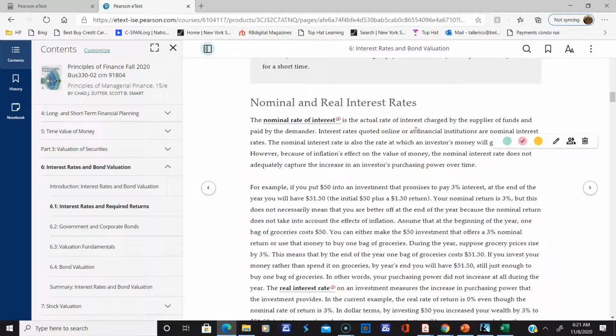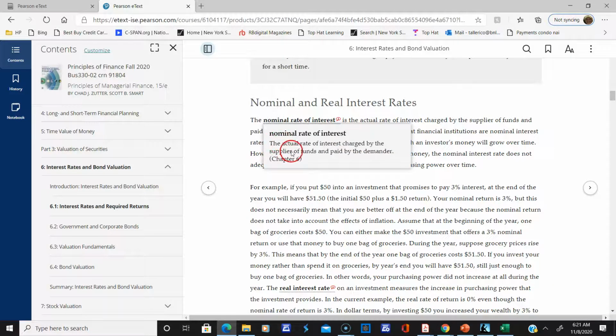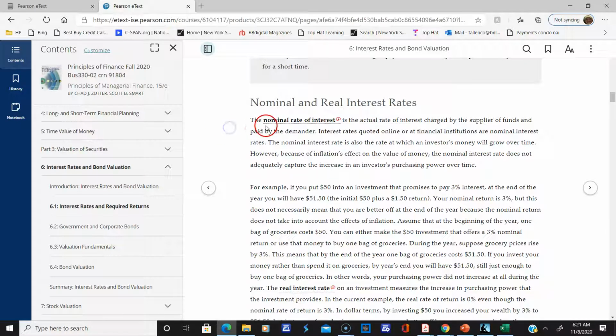All right, so let's talk a little bit about nominal and real interest rates. And let's get the definition of the nominal rate of interest. The nominal rate of interest is the actual rate of interest charged by the supplier of funds and paid by the demander. So when you get a loan, or you go to the bank to put your money in, this is the rate that the bank is going to give you or charge you.